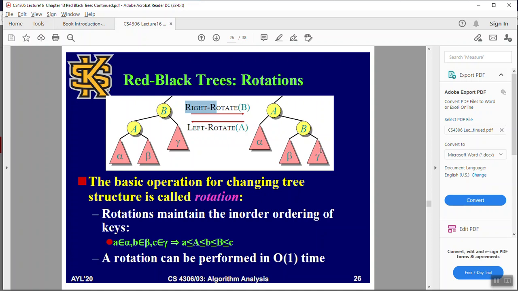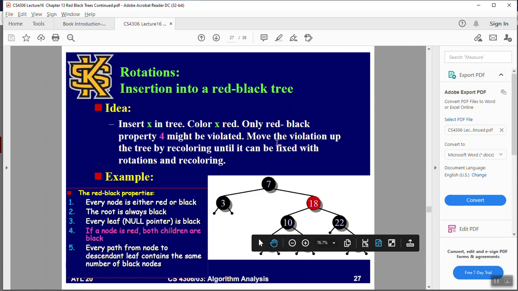The right child is blocked, and the left child is empty, so this one will go to B's left child. And this rotation can be done in constant time. You see that there is no looping over here.